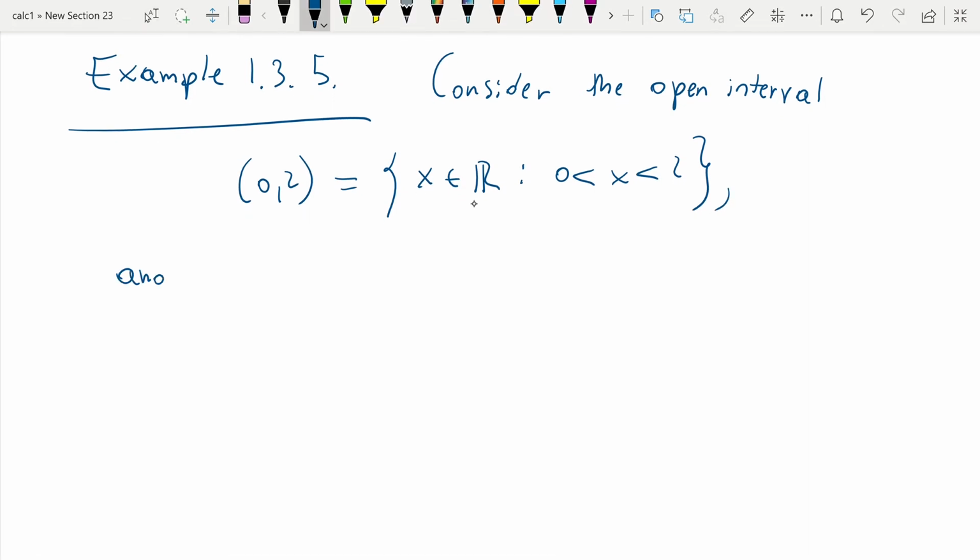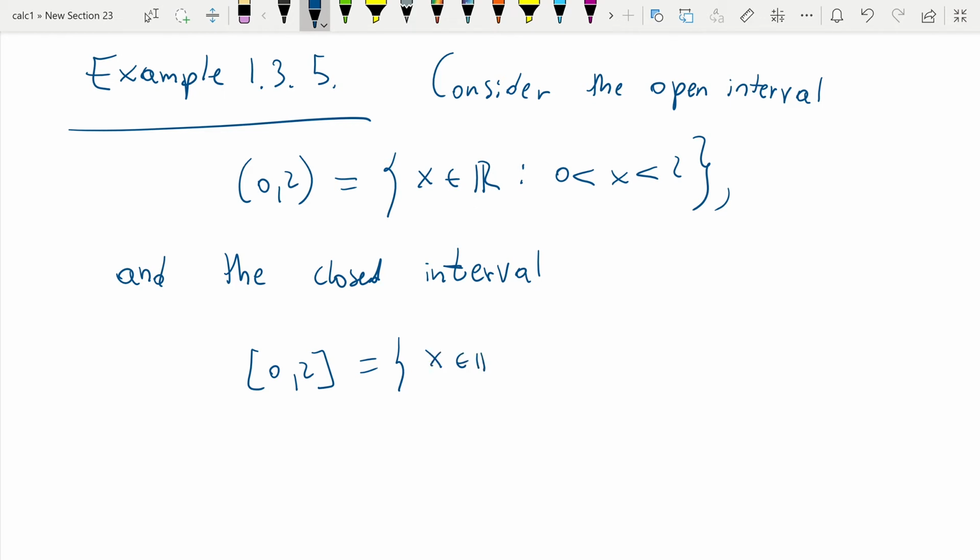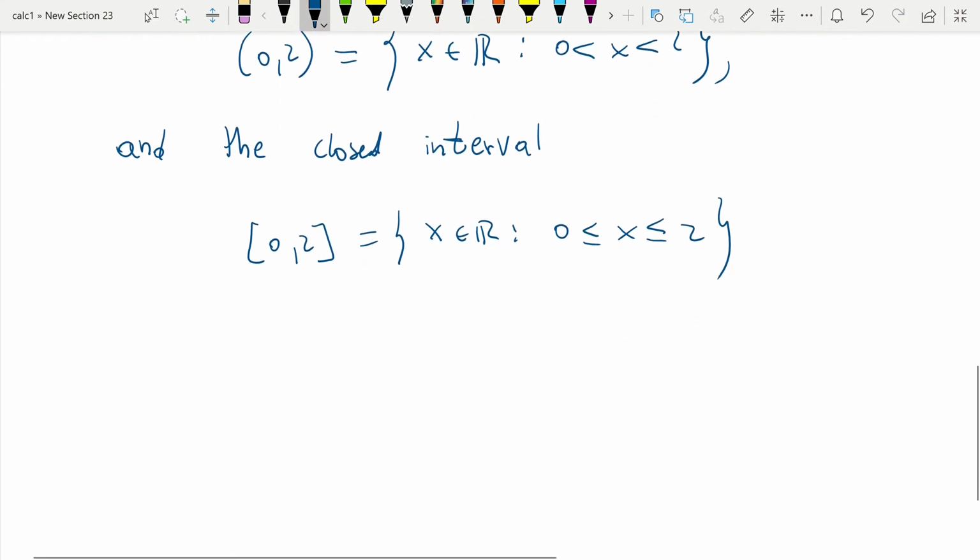And we also consider the closed interval [0, 2], which is the set of real numbers x such that x is greater than or equal to 0 and less than or equal to 2. So what is the difference here?